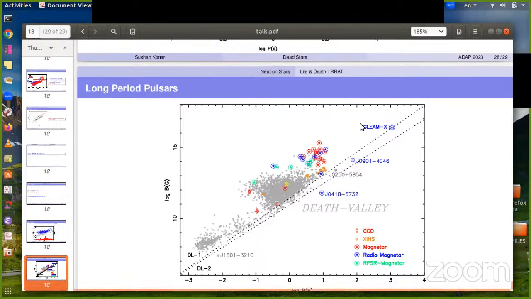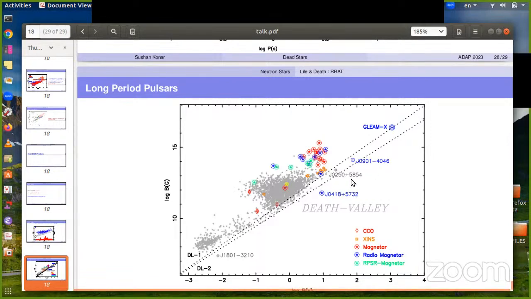Now this is an object, GLEAM-X, it has a string of numbers after this, do not worry about it. There was a lot of uncertainty and controversy about this, and this is the object for which I had this explanation that maybe the magnetic field is something like 3 into 10 to the power 16 Gauss. And as you can see, this is really, really high, but some of the Russians are also saying the same thing, so I'm happy.